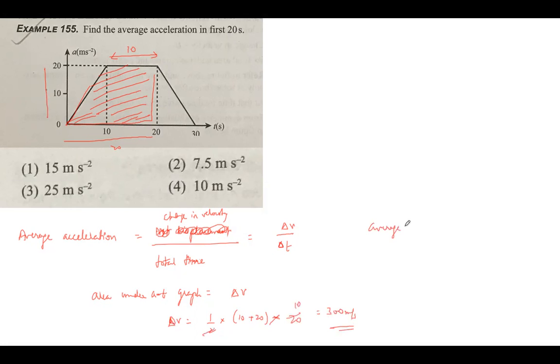Average acceleration will be delta V upon delta T. So delta V is 300, change in velocity, right? So change in velocity is 300 and change in time, the time interval, is 20. So you will get 15 meter per second square.